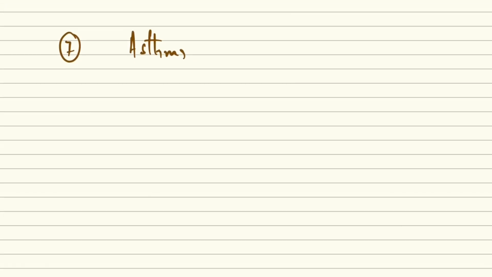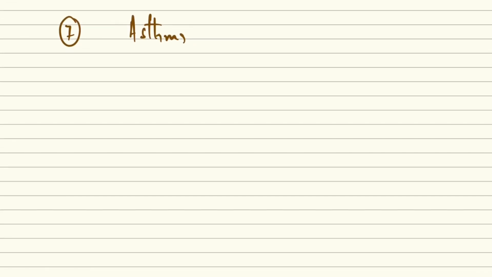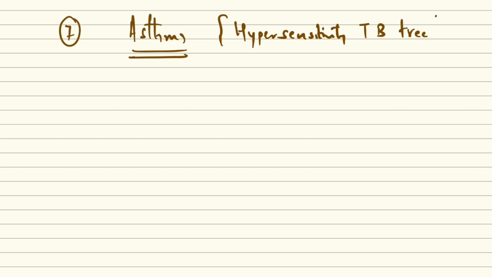And one more condition we know is asthma, a hypersensitivity disorder of our tracheobronchial tree. It is a hypersensitivity of the respiratory tract, and that can cause cough. The patient with asthma usually has seasonal variations, and they can also have cough.